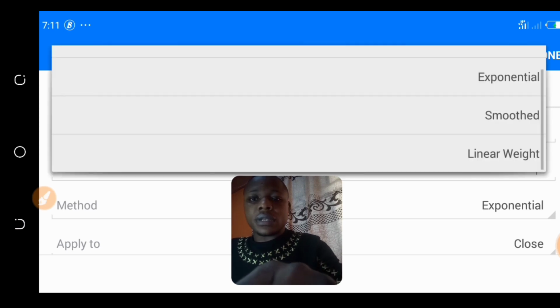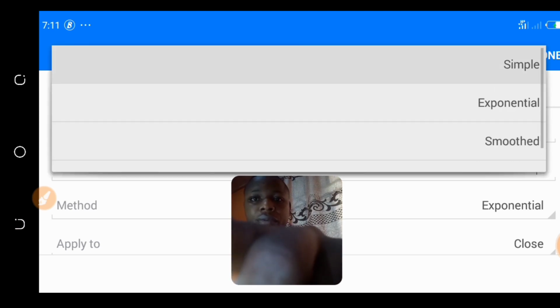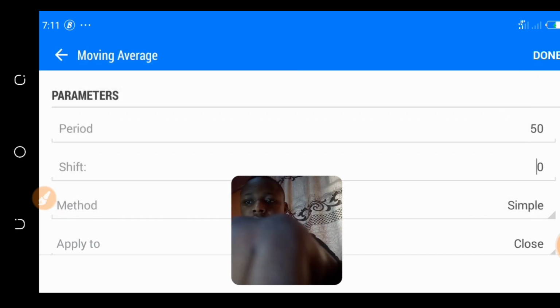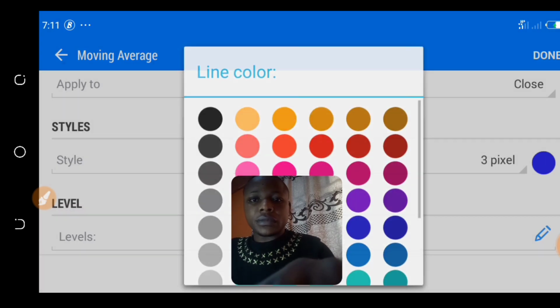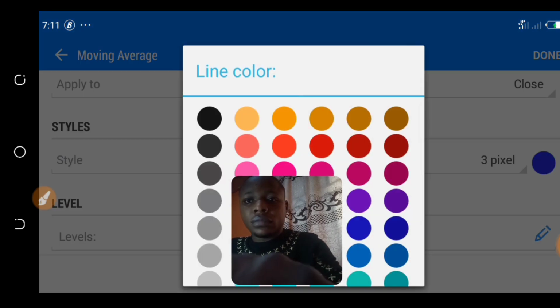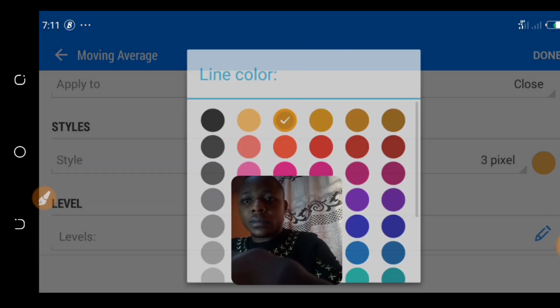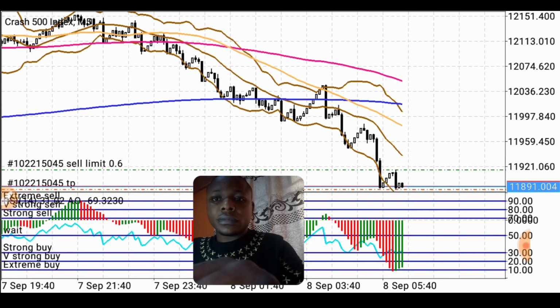Moving average 50, then change this exponential to simple. Apply to close. Change the color. Let's change it to yellow. That's the SMA 50.